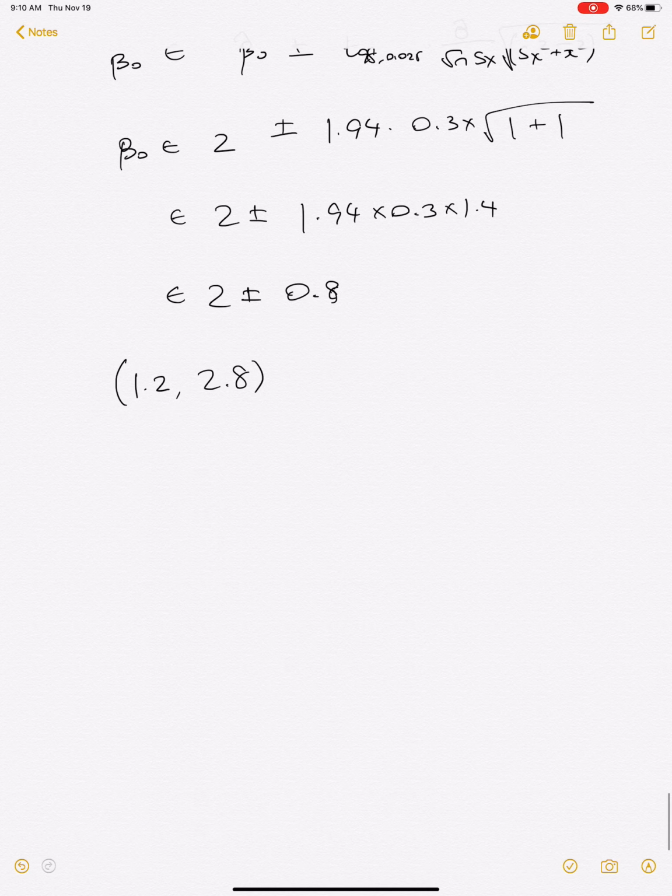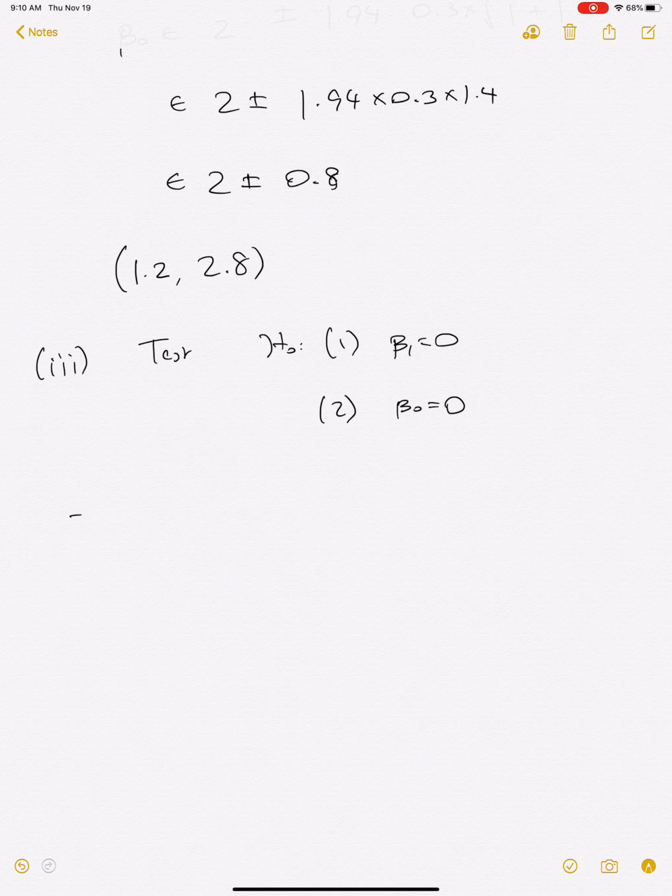And then the final thing is if we want to test, we've got these two hypotheses, so I'll call them a bit differently, 1 and 2 like this. So beta 1 equals 0, and then beta 0 equals 0.